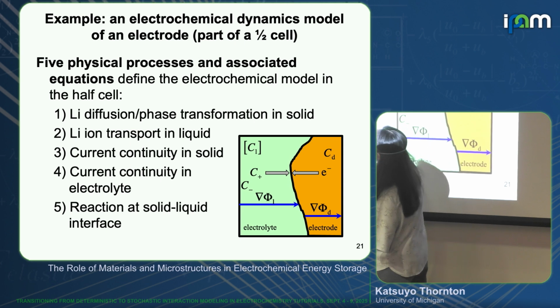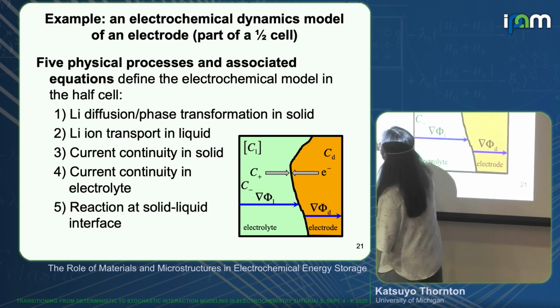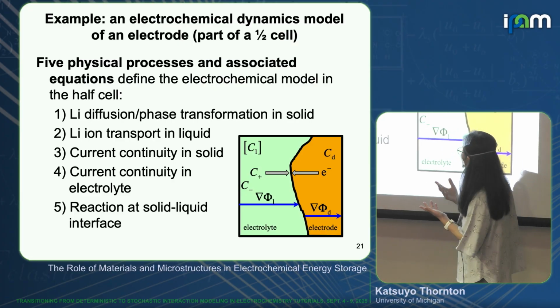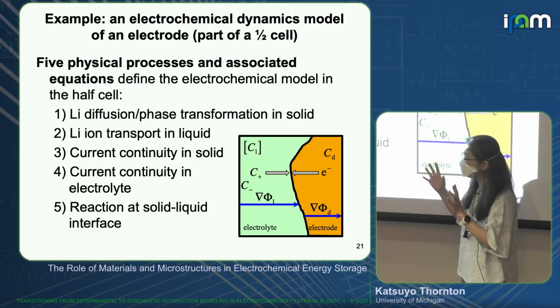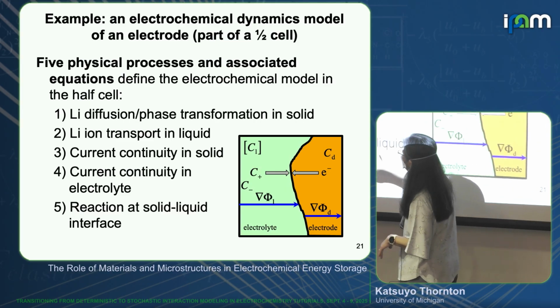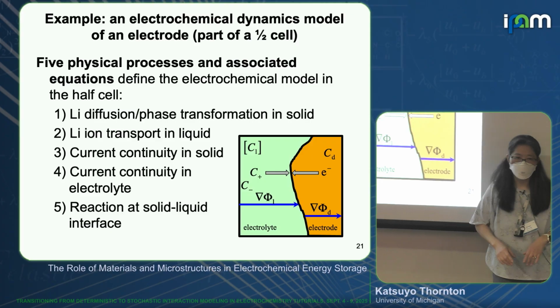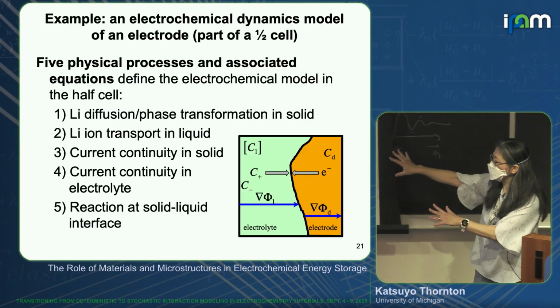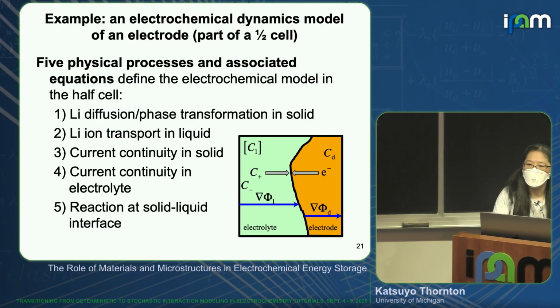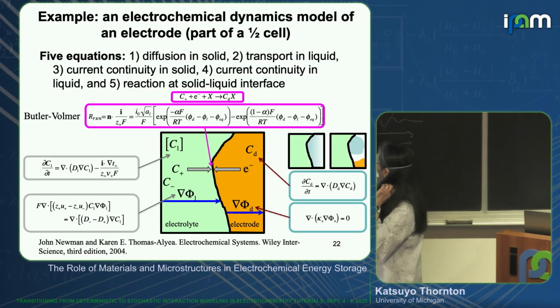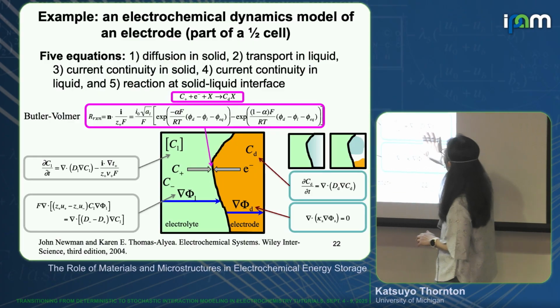Then the current continuity in the solid and the electrolyte, basically charge conservation, and then the reaction rate at the solid-liquid interface. So that's the big picture, right? Then you input actual numbers for the symbols. So the diffusion equation looks like this.